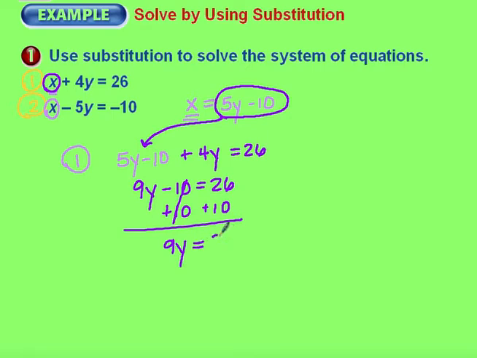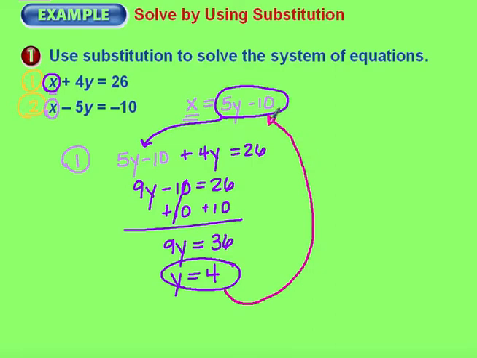I have 9y equals 36. That must mean that y is equal to 4. Now I'm not done, because I still need to go back and figure out what x is. For this last step, I'm going to use the equation where I solved for x and resubstitute y.